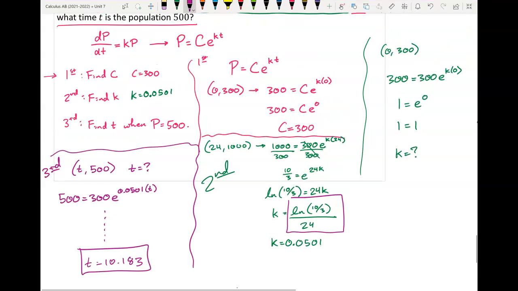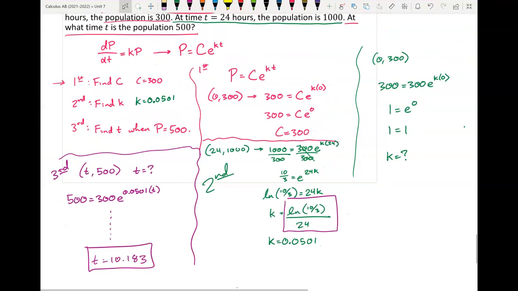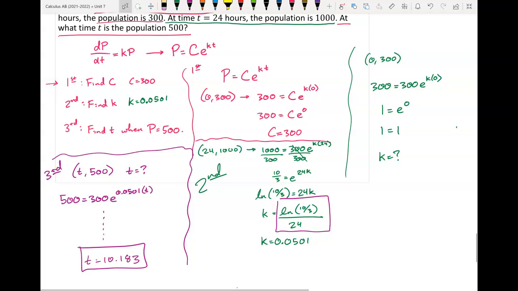But again, if you got the 10.21, that is fine too. You just round it along the way. Yes. At the final answer, they want 3 decimal places, either rounded up or truncated. So they would be fine with 10.183 or 10.182.